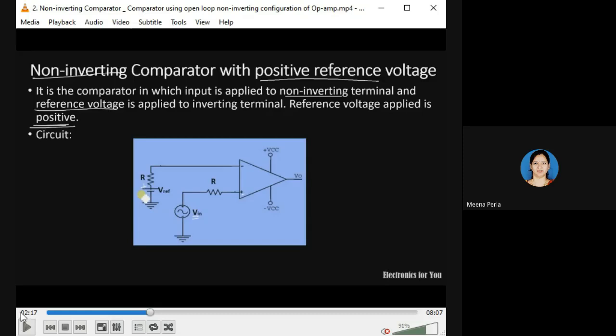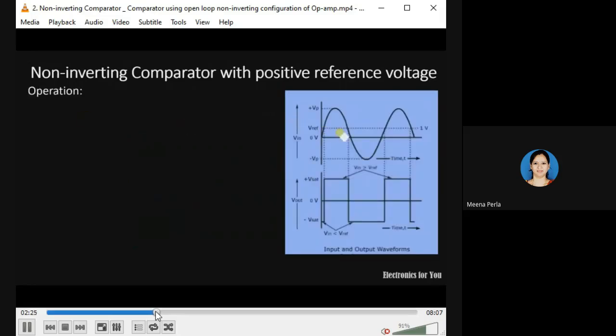So we'll start with the waveform for the non-inverting comparator with positive reference voltage. We'll see how this waveform results in a positive saturation or negative saturation.